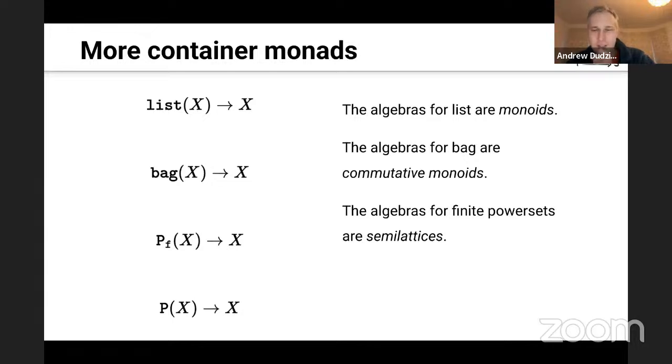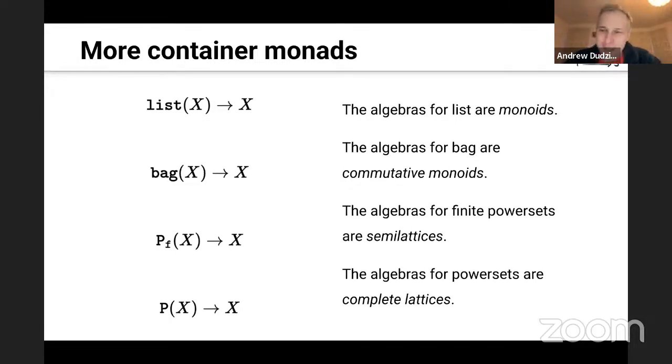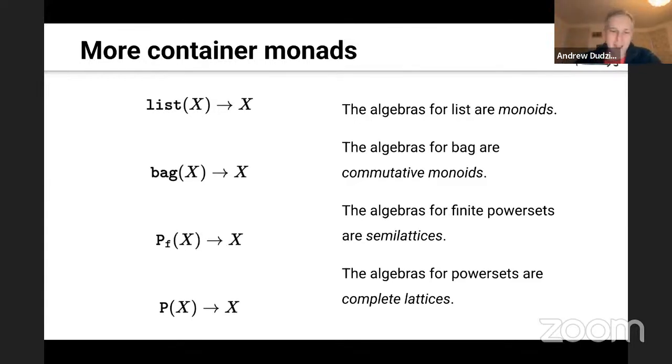They are sets with a join operation, satisfying sensible lattice axioms. And then what do you think the algebras are for the entire power set functor, the one that lets you join anything at all? Well, they're complete semi-lattices, which turn out to be lattices.